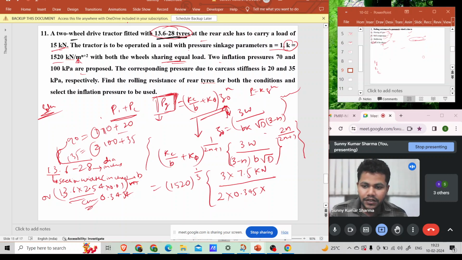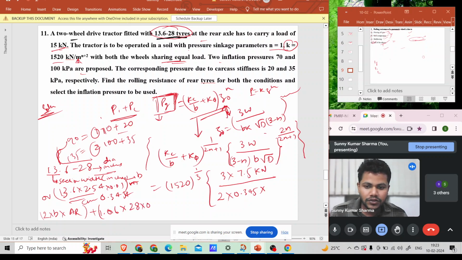And for overall diameter, what we do? This section width we multiply with the aspect ratio. Then we have two section heights, so we multiply it with 2. Then we multiply the nominal rim diameter into 1.06 to get the rim diameter. 1.06 into diameter, given as 28 inch.